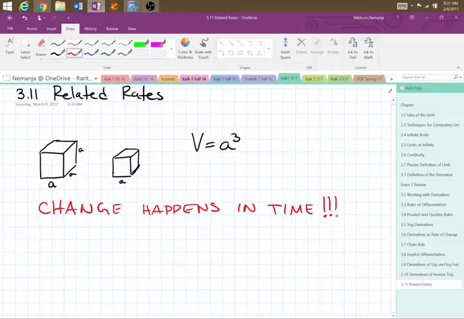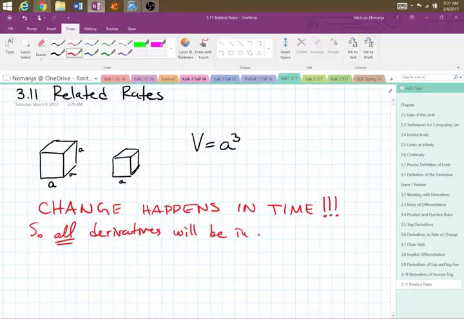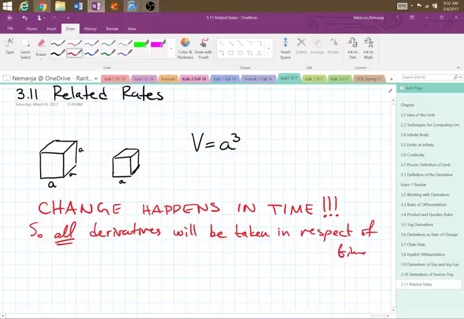So it takes time to see the change. So all derivatives will be taken with respect to time.